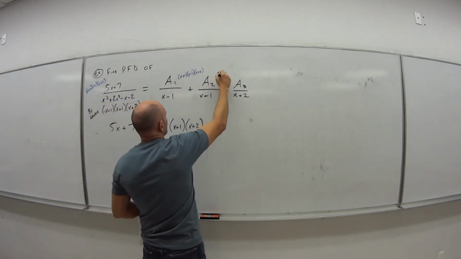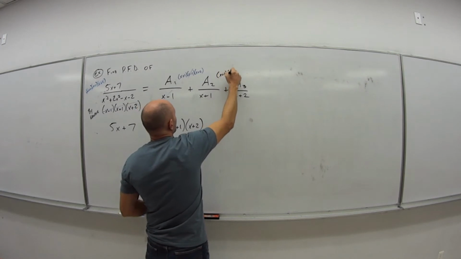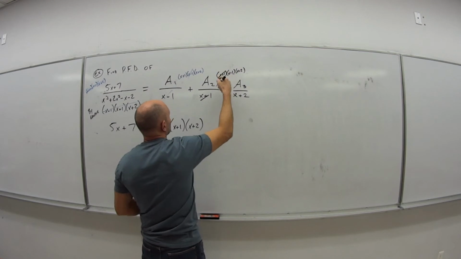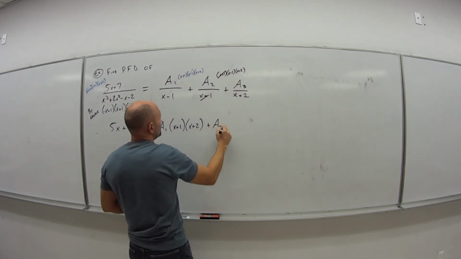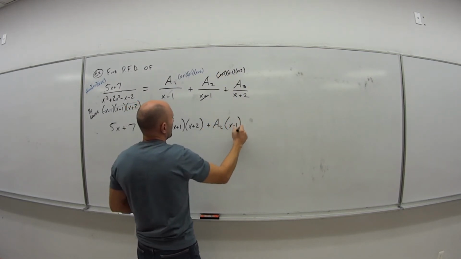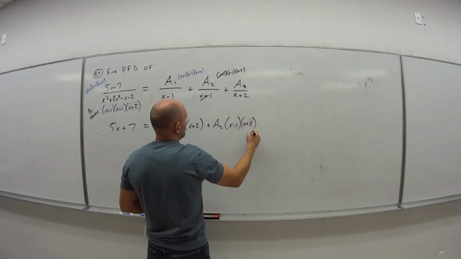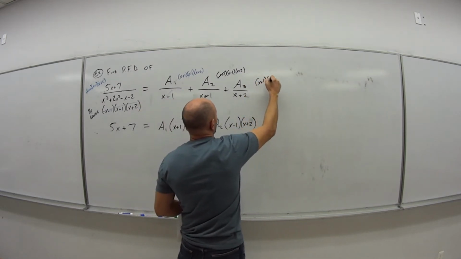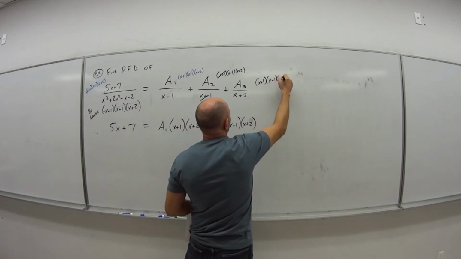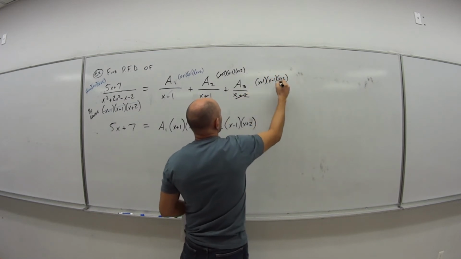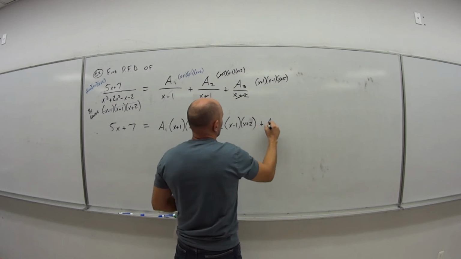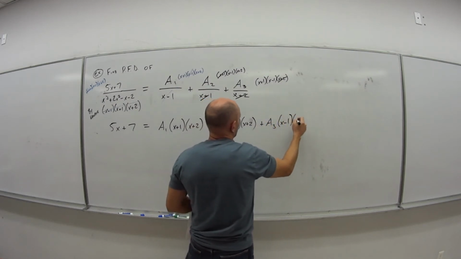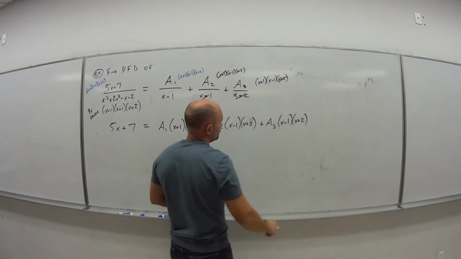Same thing here, the x plus 1's cancel out, so I get a2 times x minus 1, x plus 2. And lastly, the x plus 2's cancel out, so I get a3 times x minus 1, x plus 1.